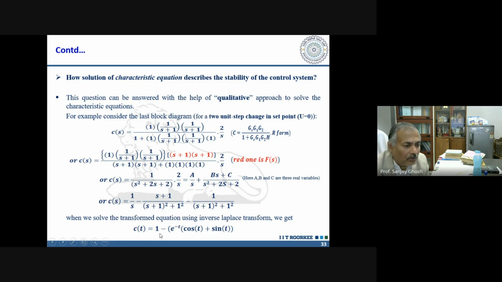This 1 by S is equal to 1, right? And then this one, that I've shown you, the Laplace transform and all these things. From there, if you go back from the Laplace domain to the T domain, you will get this. So you get this equation in the Laplace domain and the corresponding equation in the time domain.